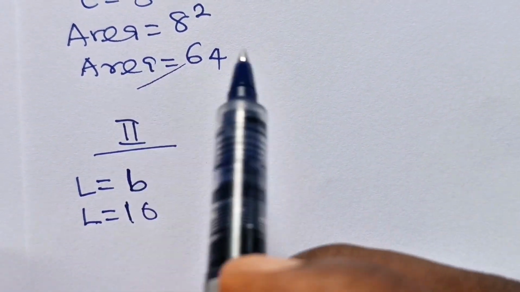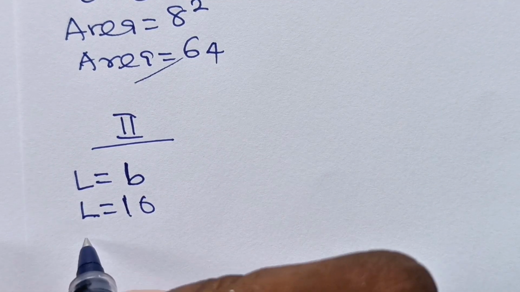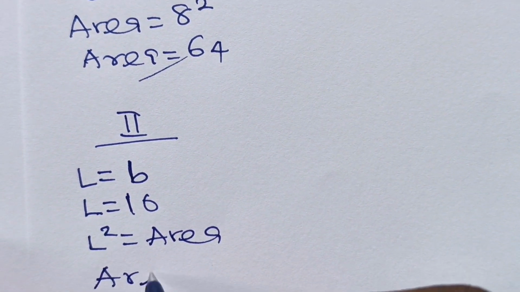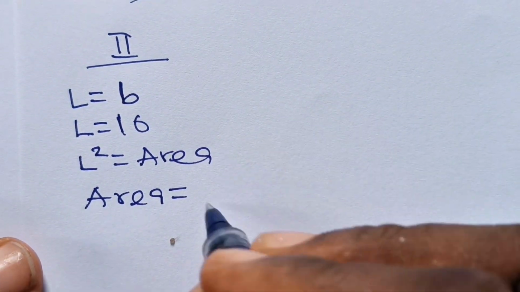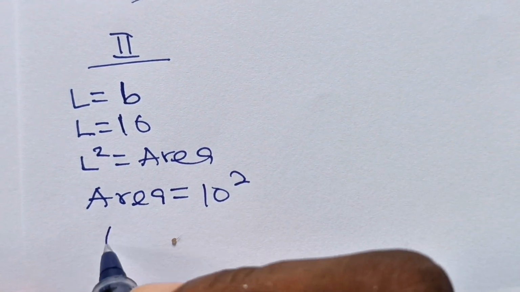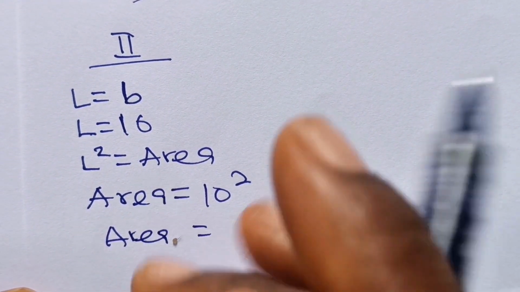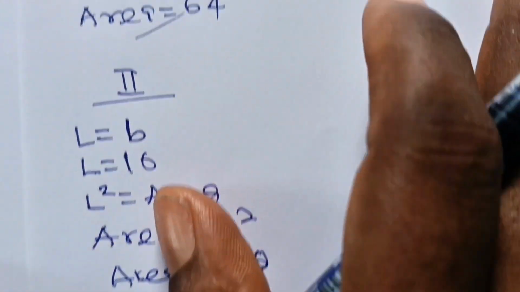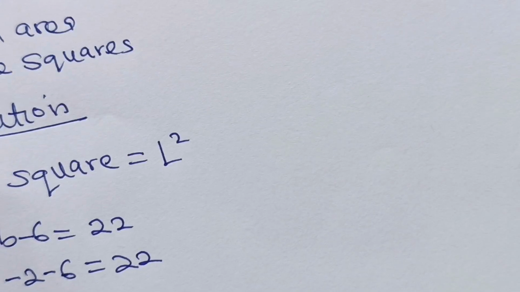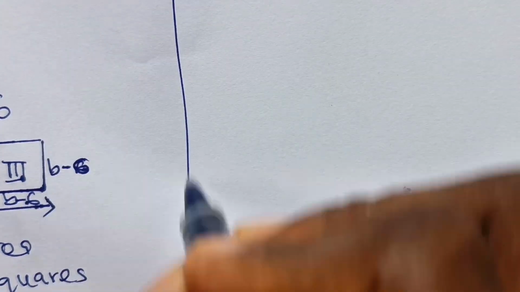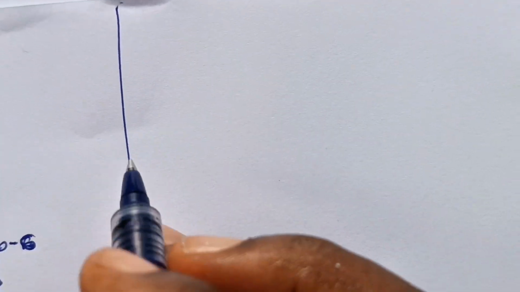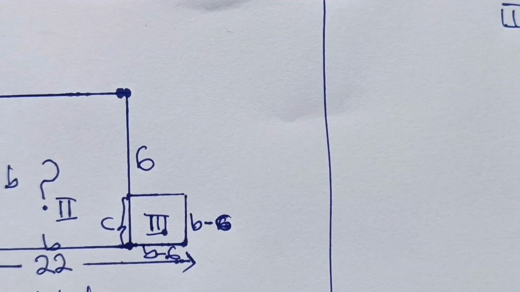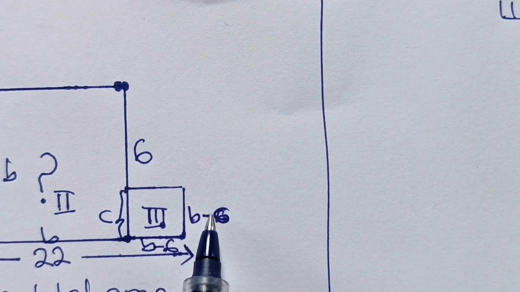Remember that our B is equal to 10, so the length is 10. Length squared is equal to area, so the area is equal to 10 squared. That means the area is equal to 100. That is it for the second square. Now let's go for the third square. The length of the third square is B minus 6.